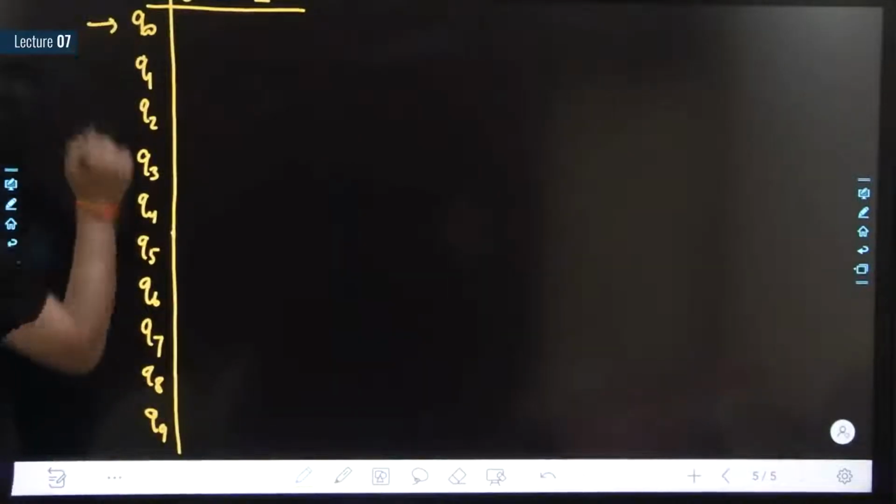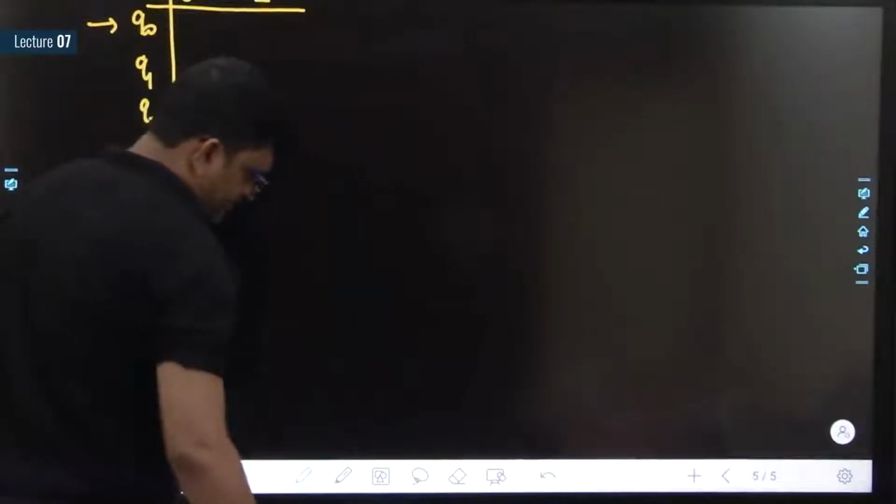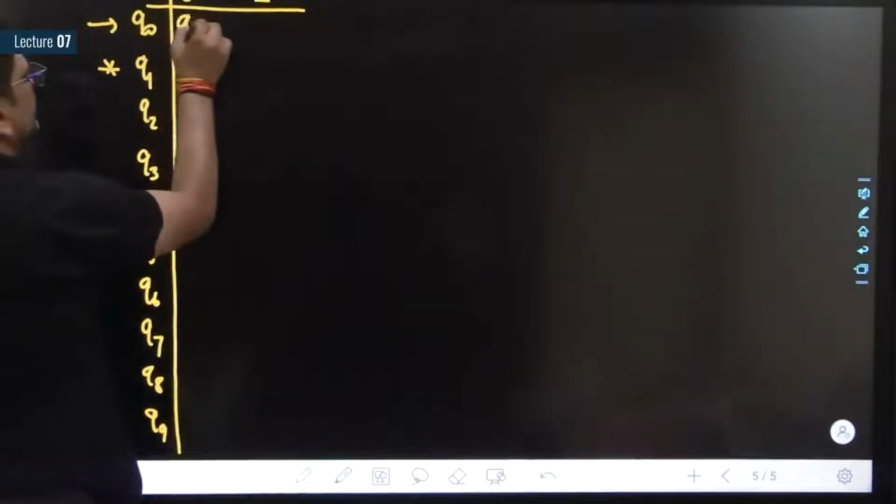This is the initial state. One more 10. Which one is final? This one is the final state. Write down the number of states.